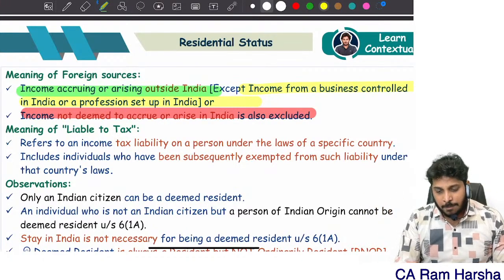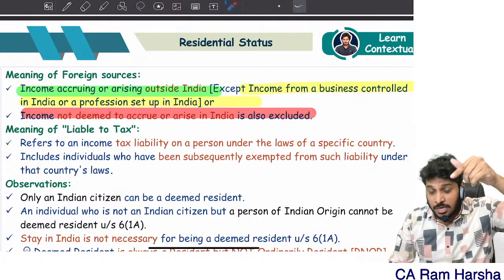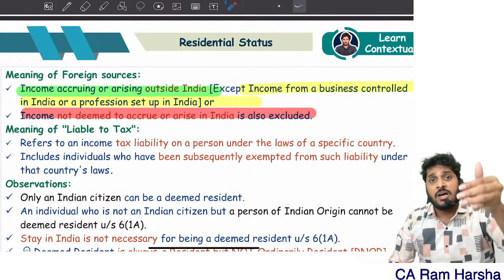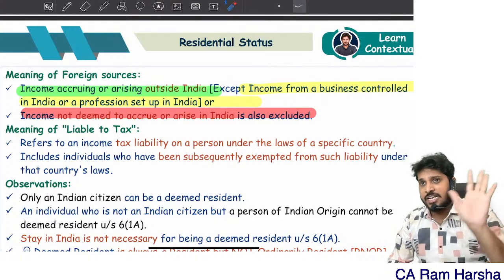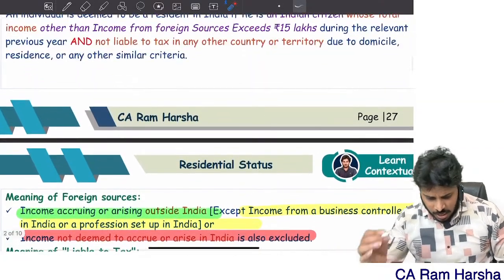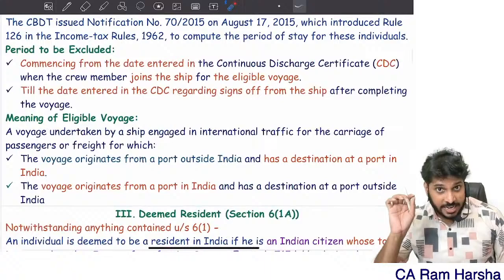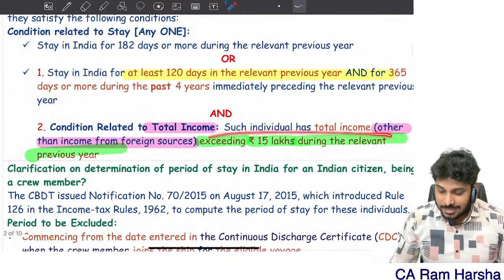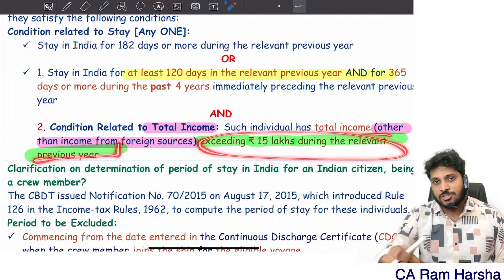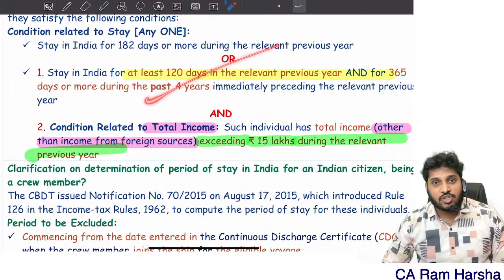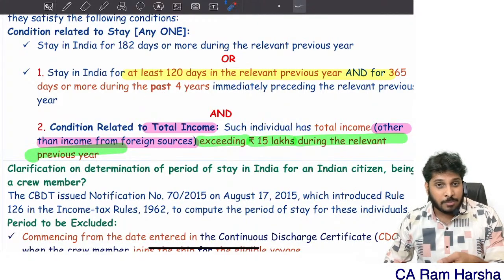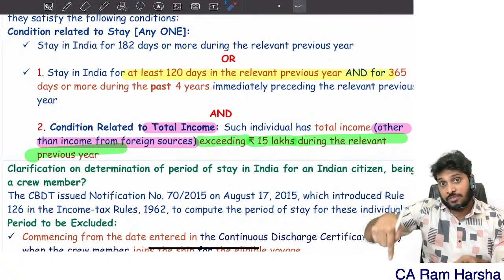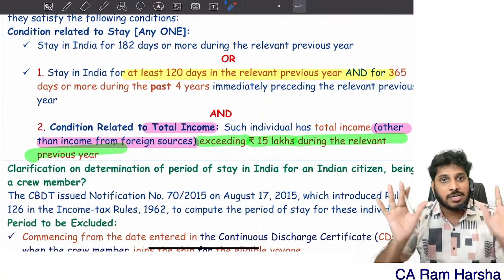Now, if this Indian income exceeds 15 lakhs, and 120 days or more is there, an Indian citizen or person of Indian origin visiting India is a resident.